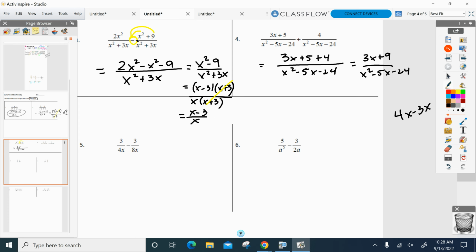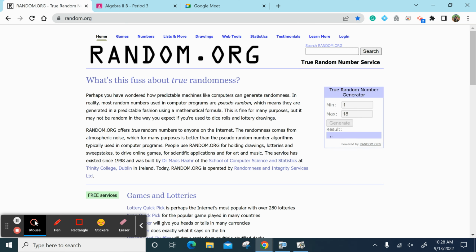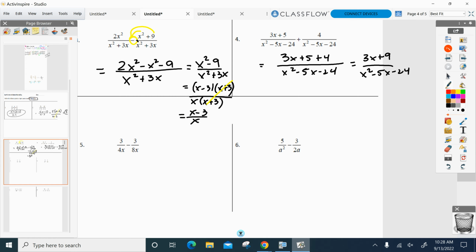I don't think that's simplified, though. What do you want to do here? The 3x plus 9, you could take 3 as a greatest prime factor. Then it'd be x plus 3.